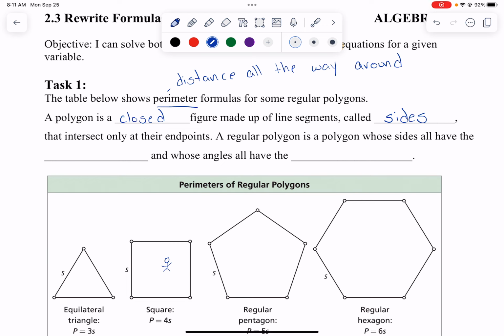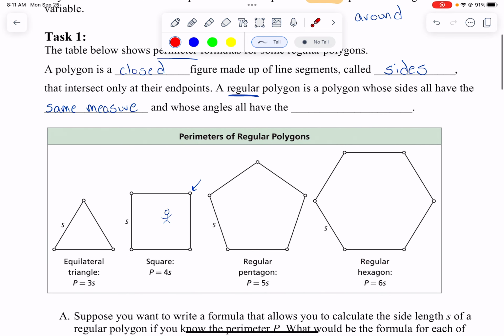So the only place that they meet are here at those endpoints. A regular polygon, so we use the word regular when it comes to polygons, is a polygon whose sides all have the same measure, meaning the lengths of all the sides are the same. So the length of this side would be the same length as this side, the same length as this side.